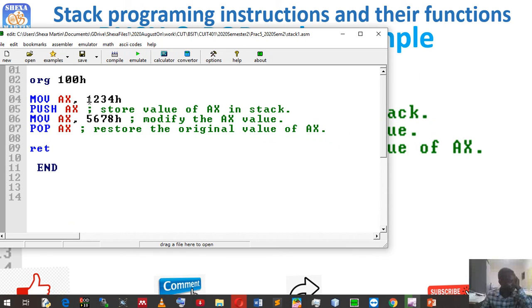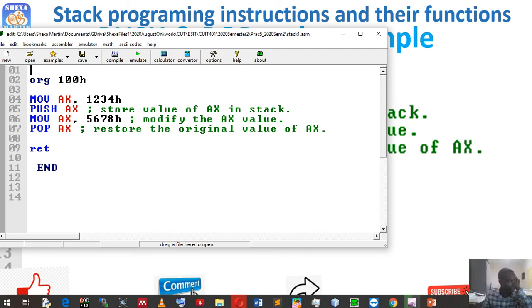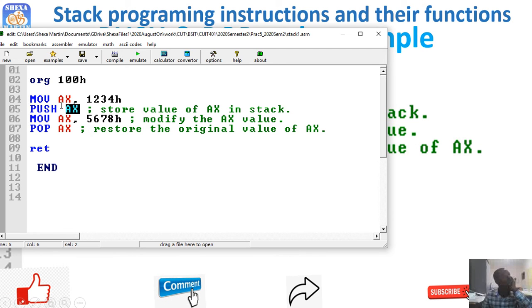Here 1234 is getting into AX, and then the value in AX, which is 1234, is pushed onto the top of the stack. Then 5678 is moved into AX, and then the value 1234, the one that was pushed onto the top of the stack, is now returned back into AX.